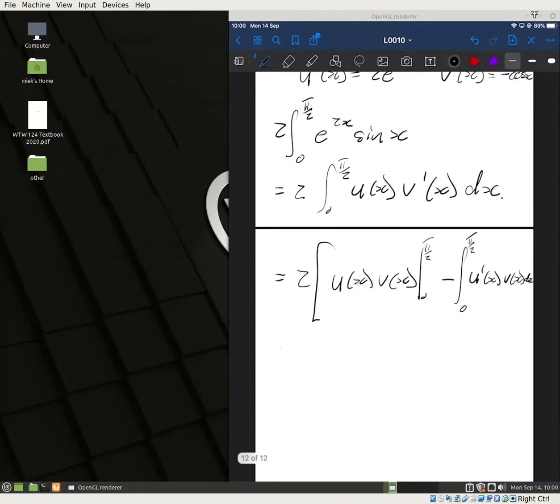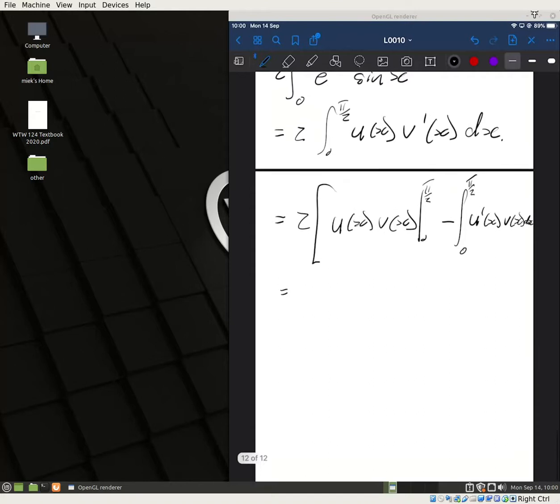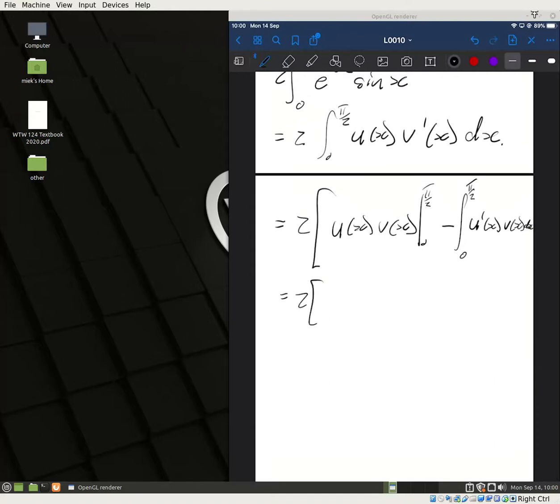And if we now plug in our values, this is 2 times, and this is minus e to the 2x cosine x evaluated between 0 and pi over 2, minus the integral from 0 to pi over 2 of 2e to the 2x times cosine x dx.